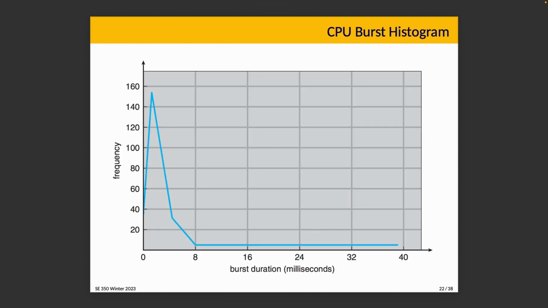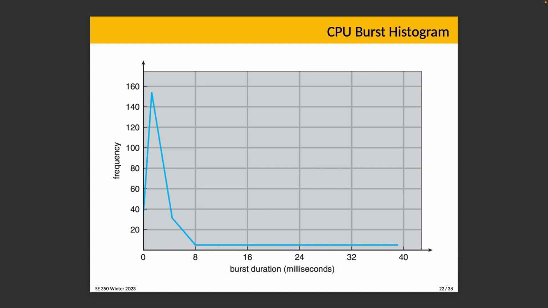And the results of the study look something like this: a great amount of the CPU bursts are very short, less than 4 milliseconds, and then there's a significant chunk between 4 and 8, and very small numbers beyond that of CPU burst frequency. Hey, this graph actually has some numbers on it. We'll take it.